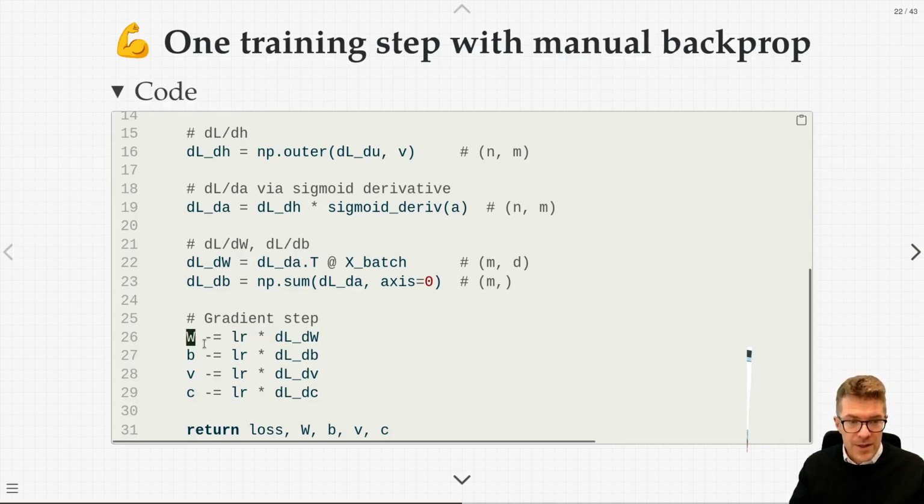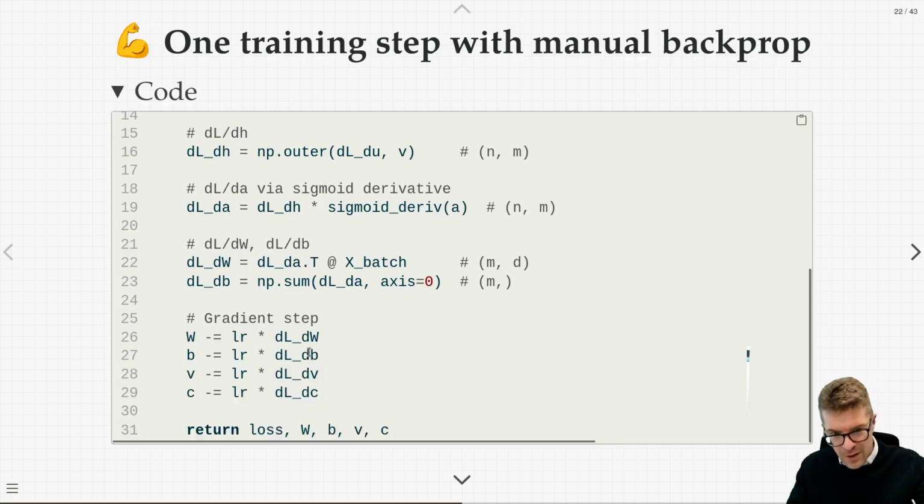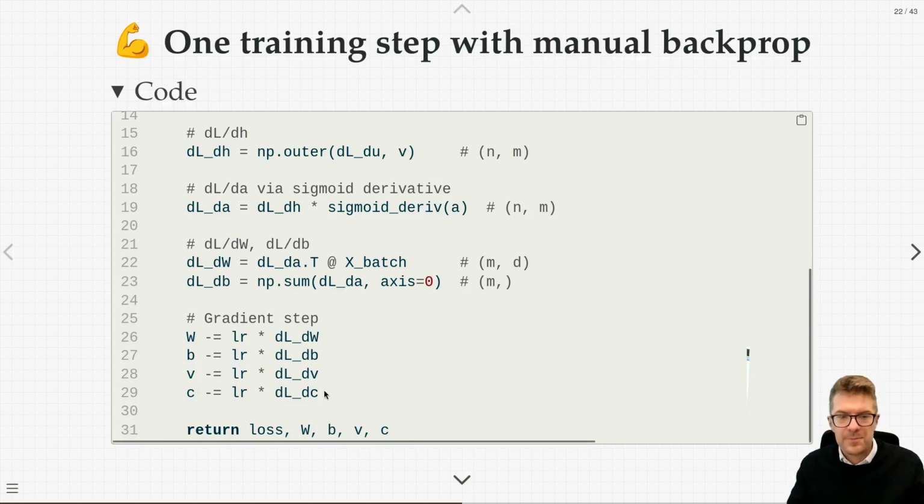Our weight matrix becomes whatever the weight matrix was before, minus the learning rate times the derivative of the loss with regards to my weights. My bias term b is whatever the initial bias term b was, minus the learning rate times the derivative of, again, the loss with regards to the bias term, and so on.